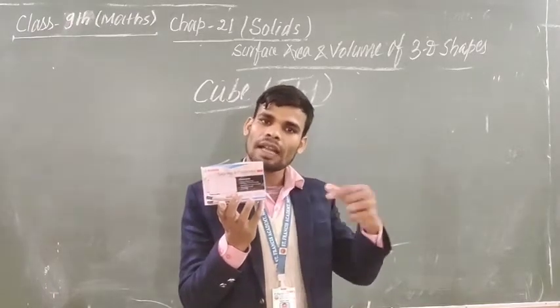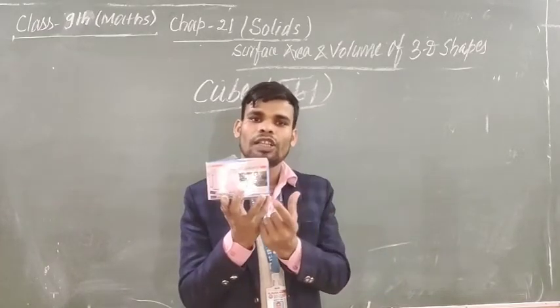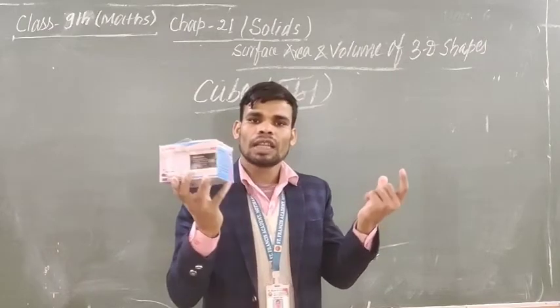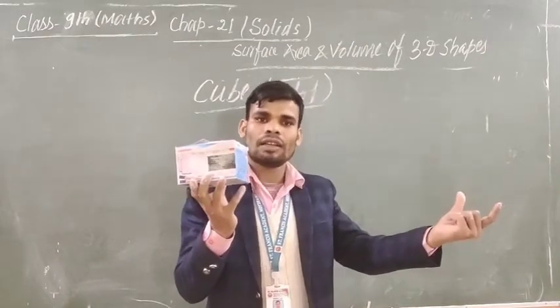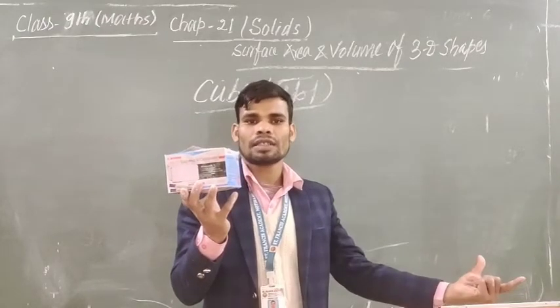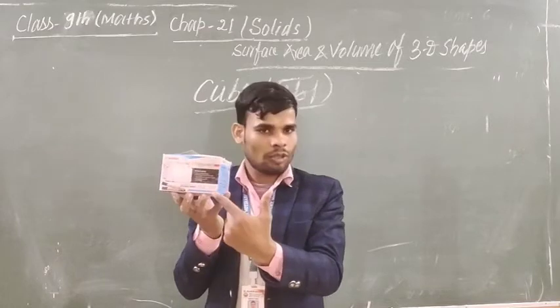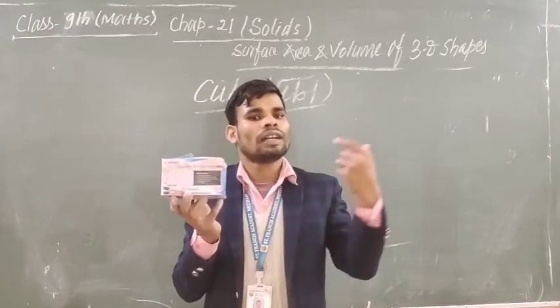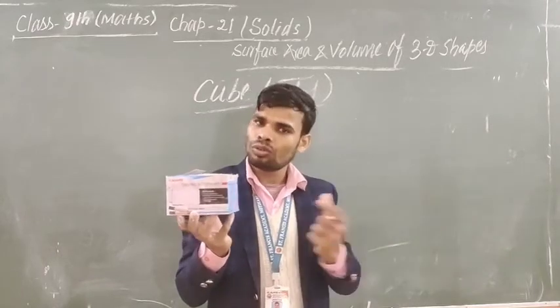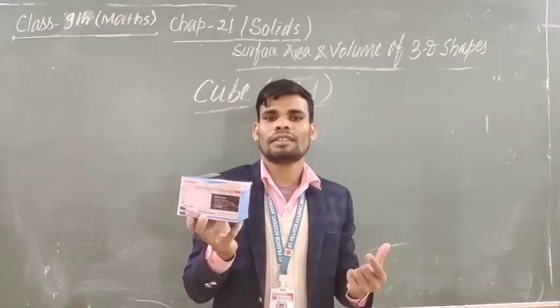Then what will be the dimensions of that cuboid? Because when we connect 3 cubes to form a cuboid, what will be the dimensions of that cuboid? Suppose the edge of this cube is a. Then what will the length of the cuboid, formed by joining all three, be? a plus a plus a, that is 3a.